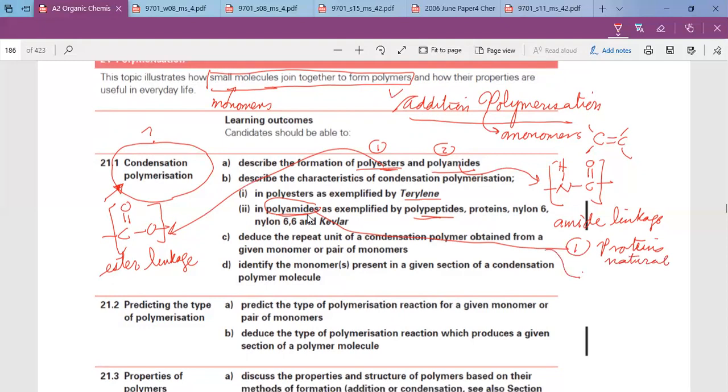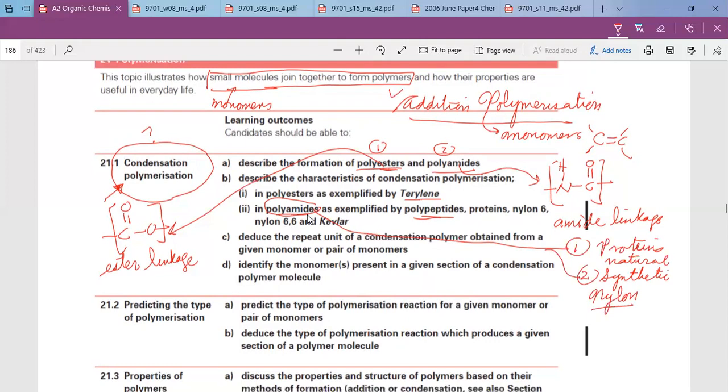Then you have the synthetic one, which is your nylon. So here, how many types of nylon are asked?